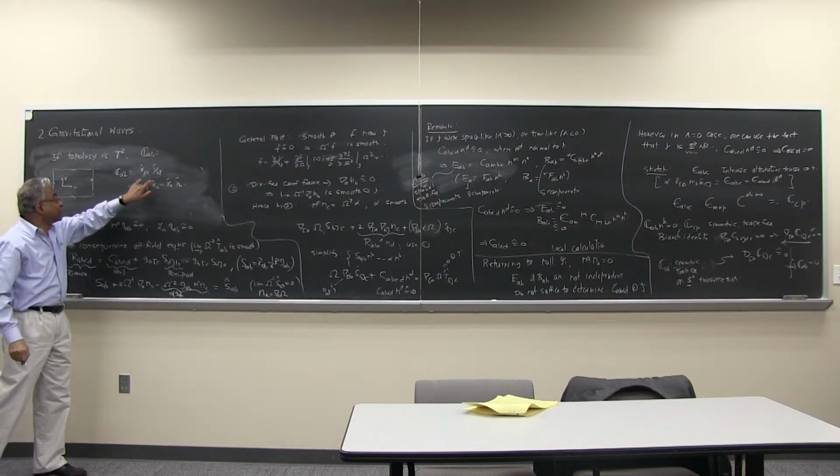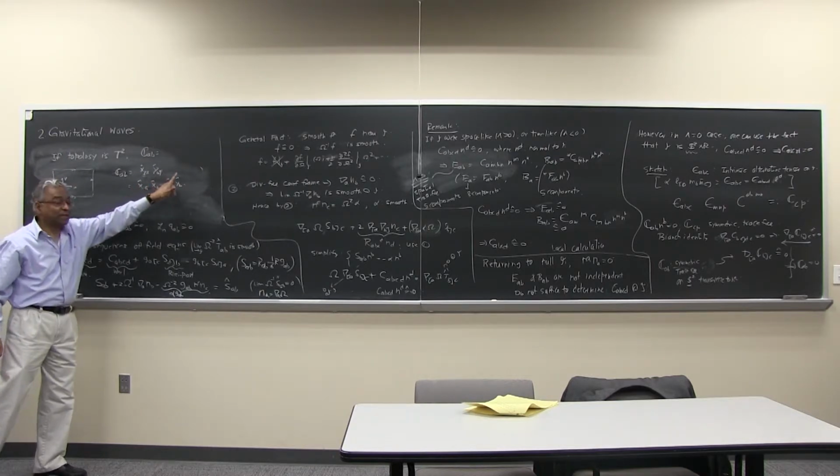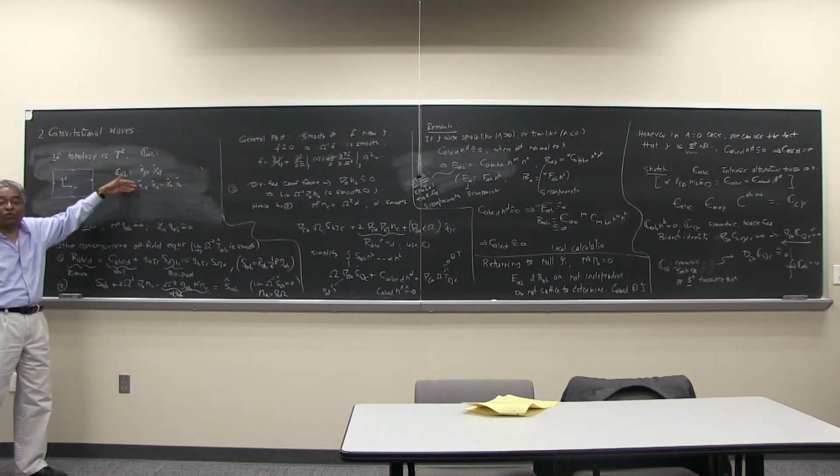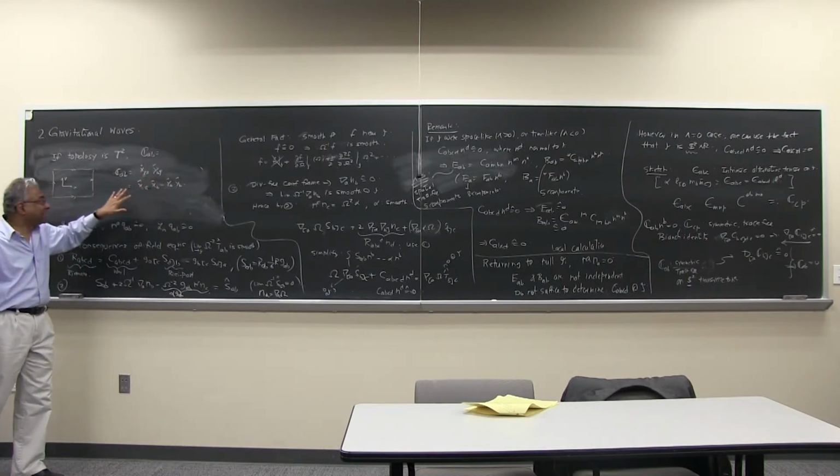So this is symmetric and it's trace-free, because if I take the trace, x and y are perpendicular, so I get 1 minus 1, that is 0. These are two polarization tensors that you may have often seen for gravitational waves, but here we just think of them as mathematical tensors.